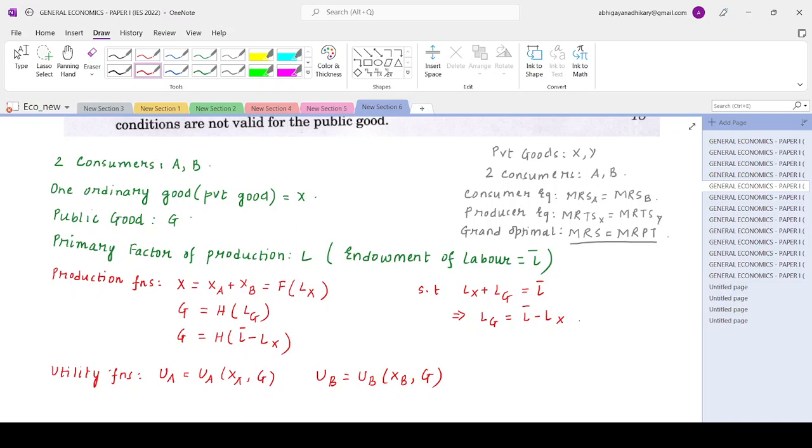So how is the optimization problem set up? We fix the utility of one of the agents to a particular level and try to maximize the utility of the other agent subject to all possible constraints.